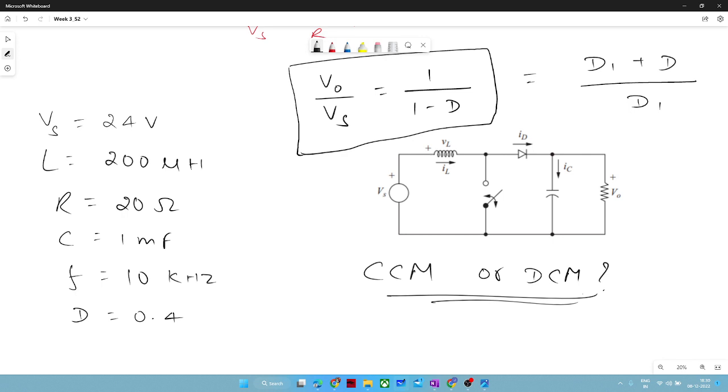Okay, so the basic thing should be your inductor current, right? When inductor current is starting from zero, then obviously it is discontinuous. Or if ripple current del IL is higher than your peak value of inductor current, then it would be in discontinuous conduction.